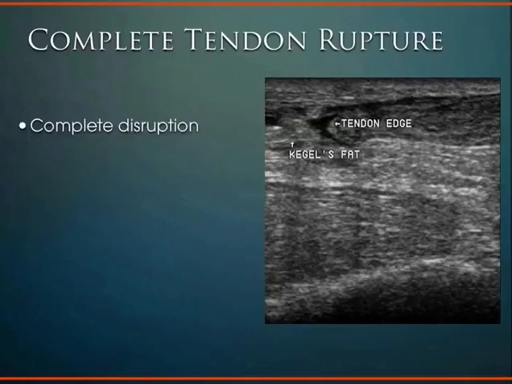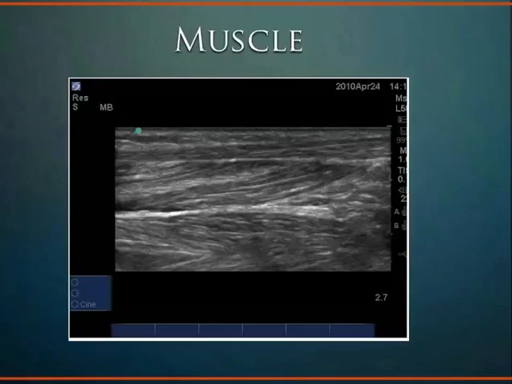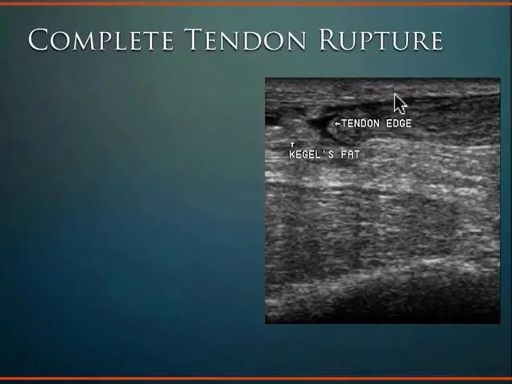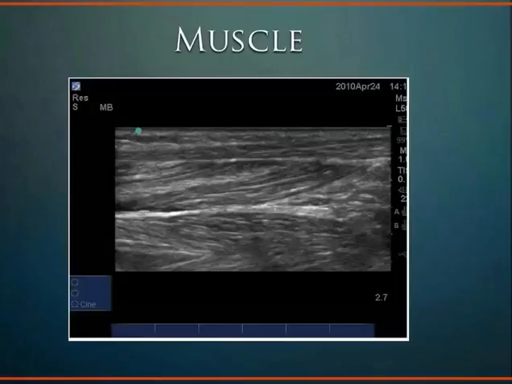Then complete tear, basically what you can see on this image here is this is the leading edge of the tendon, should be connecting to this part of the tendon, but there's obviously disruption there, retraction of the tendon, localized fluid collection, and if you were to take that through range of motion, you would basically see that tendon stub retract, and you can see that dynamically. So that can be quite helpful.